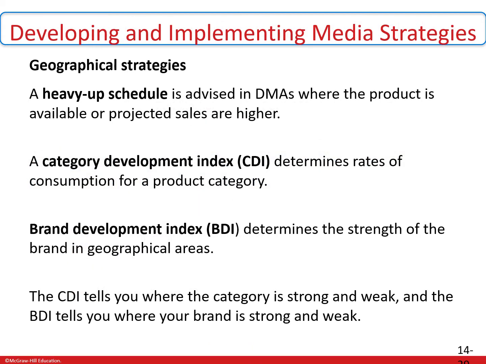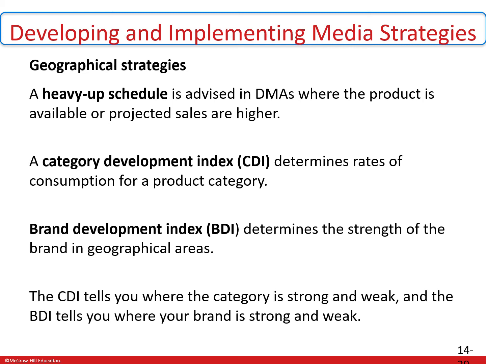Now, in terms of media strategies for coverage, you can have strategies that are focused on geography. So, for example, when you're focusing on DMAs where the product is available or the product's projected sales are high, then you would use a heavy up schedule. So again, more frequency here.